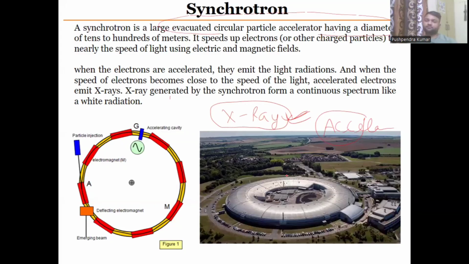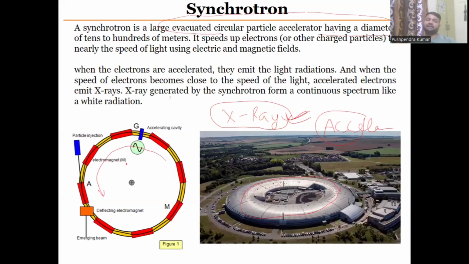When the electrons are introduced into the synchrotron, this is the internal structure, it is highly magnetized. As the electrons come into the synchrotron, they get deflected by the magnetic force.